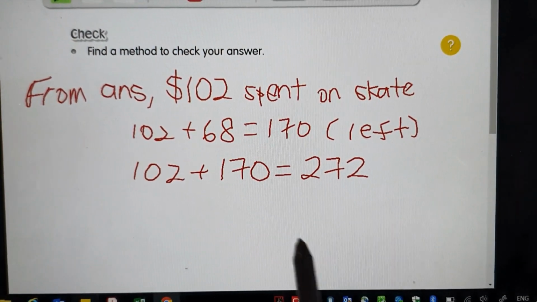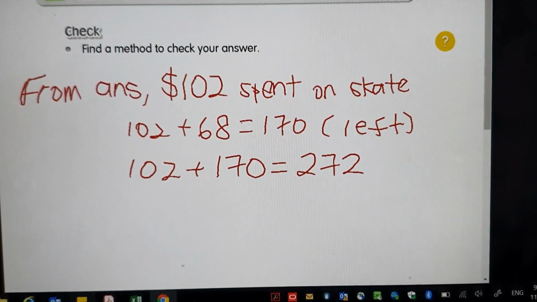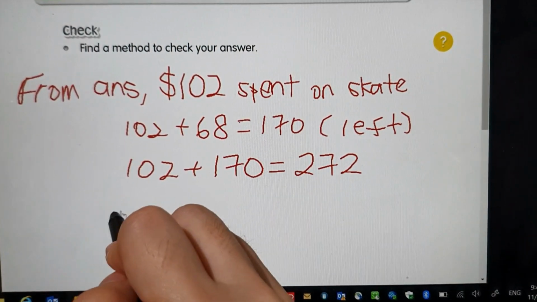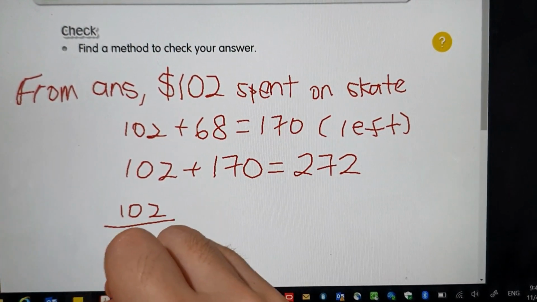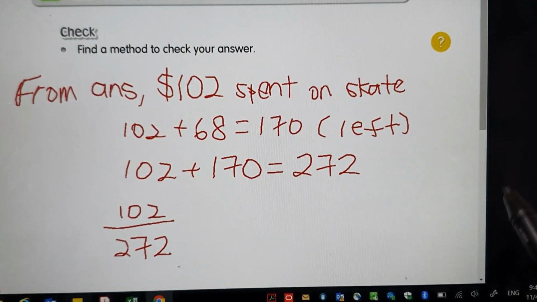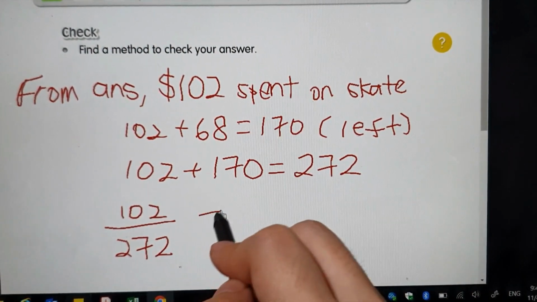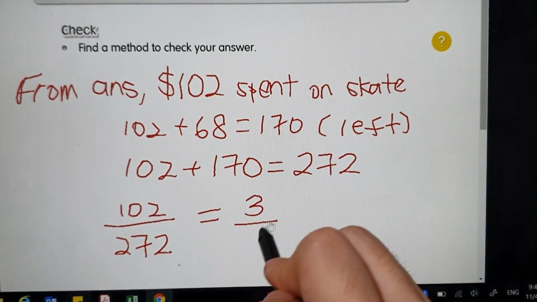So what fraction of his money was spent on skates? Yes, you should be able to tell me he spent 102 out of 272 of his money on skates. And if you reduce this, you should realize that it gives you 3 out of 8.